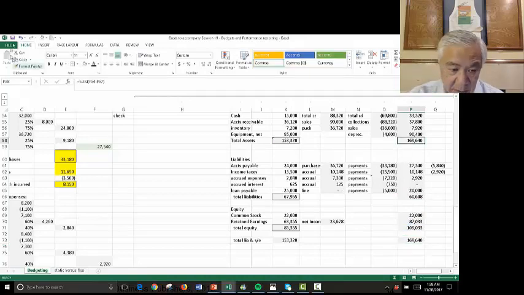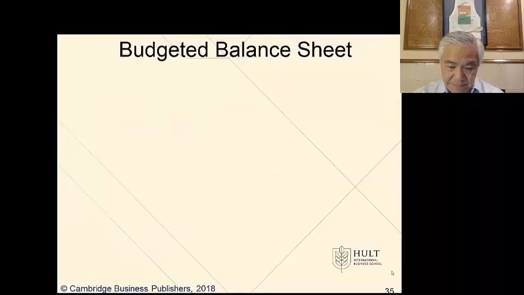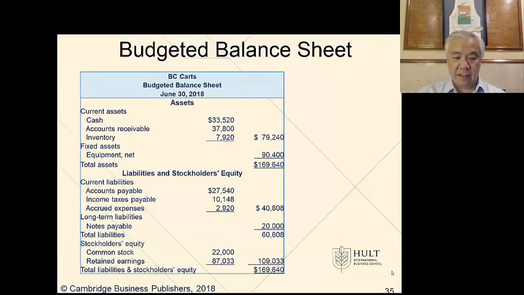So this number, which is total assets, must equal, as you know, that number. Total liabilities and equity. That number is comprised of liabilities and equity. Great. So we're in balance and life is good. Balance sheet balances. Okay. The balance sheet here matches 69,640, what we did on Excel.